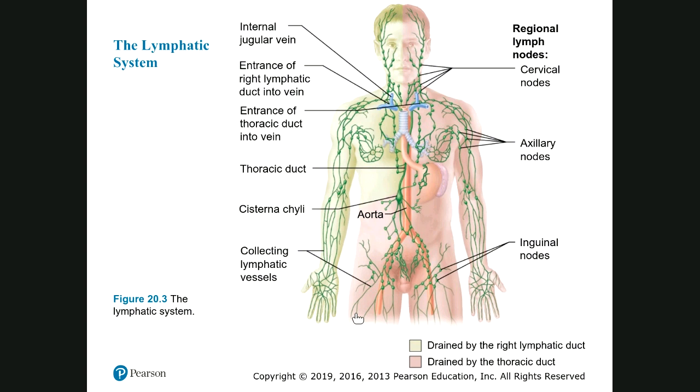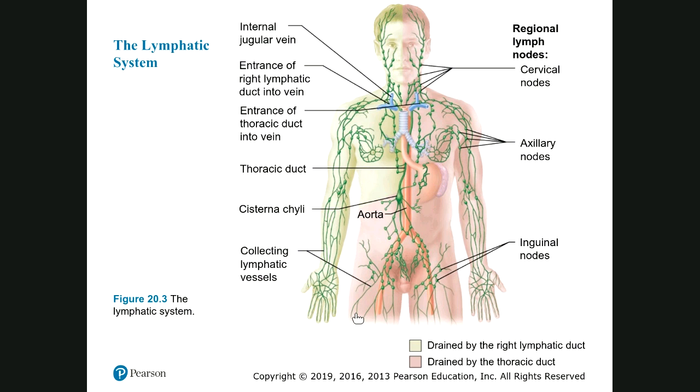Our lymphatic trunks drain fairly large areas of the body. The major trunks, named mostly for the regions from which they drain lymph, include the paired lumbar trunk, the paired bronchomediastinal trunk, the paired subclavian trunk, and the paired jugular trunk.